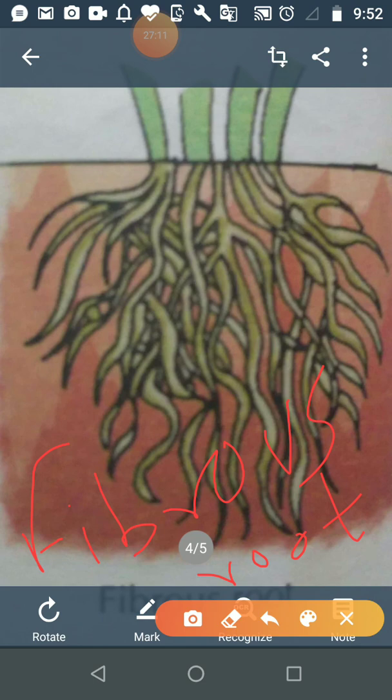It means we have to eat such types of foods which have all the nutrients, like fat, carbohydrate, protein, vitamins and minerals. What are these known as, student? These are known as the nutrients which we get in the food.